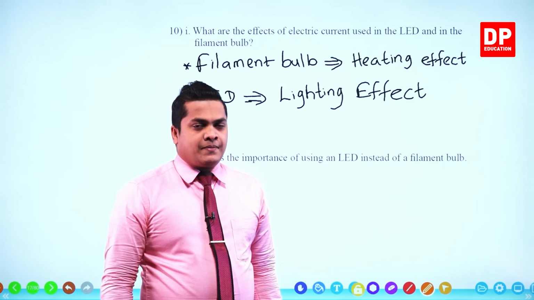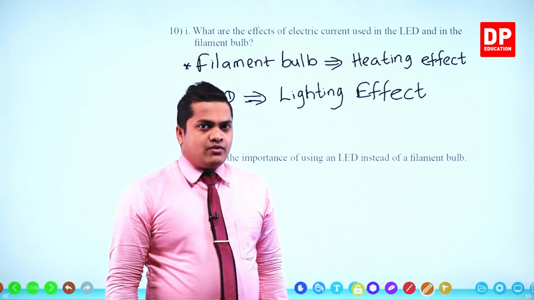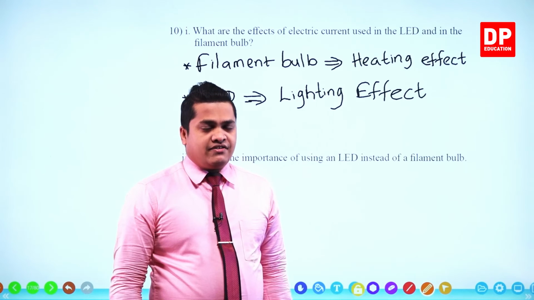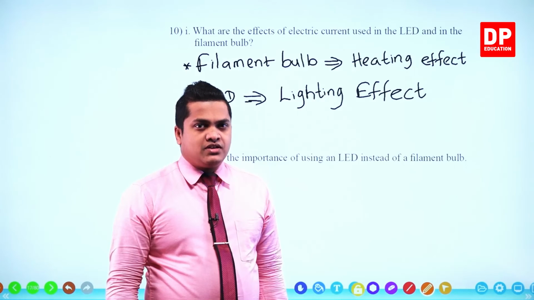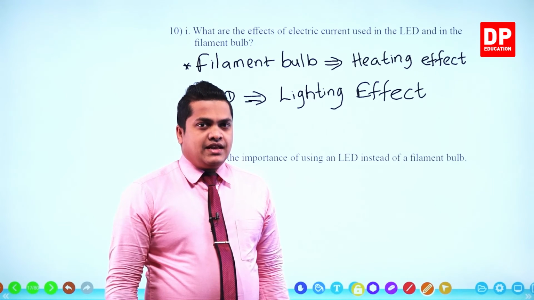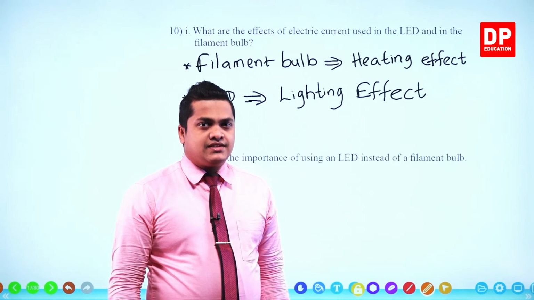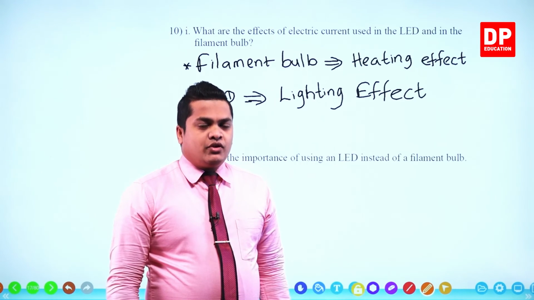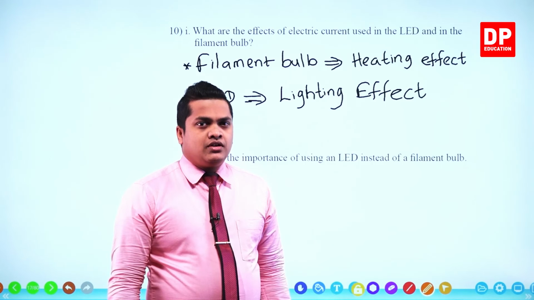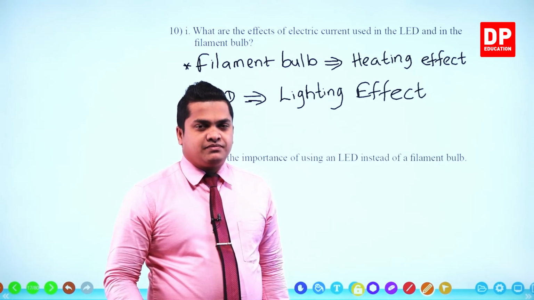That's the first one. Then as the second advantage, we discussed that the lifetime of an LED is very much higher than normal filament bulbs. If you take an LED, the number of hours that we can work with it is about 20,000 hours. However, a filament bulb is around 1,000 to 5,000 hours at maximum.